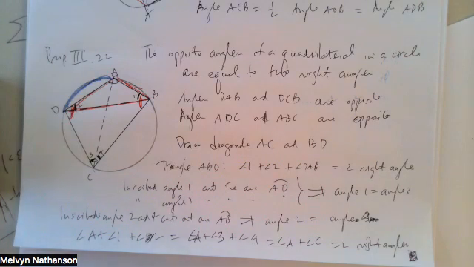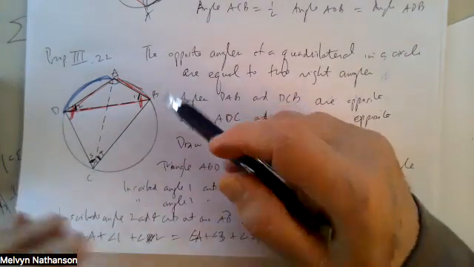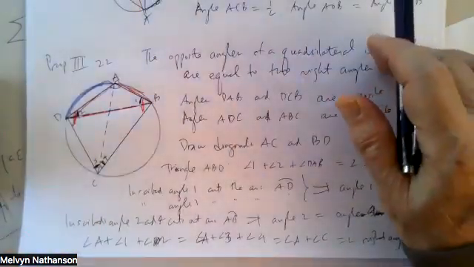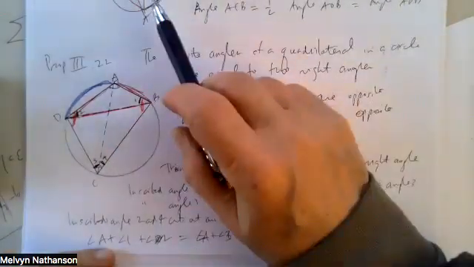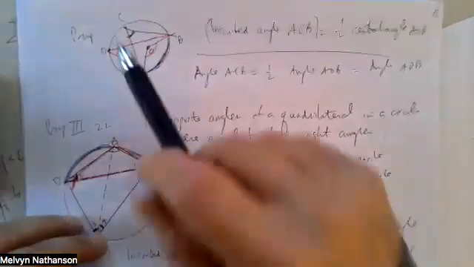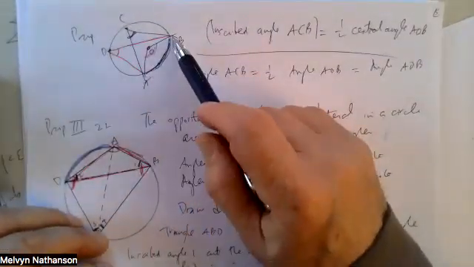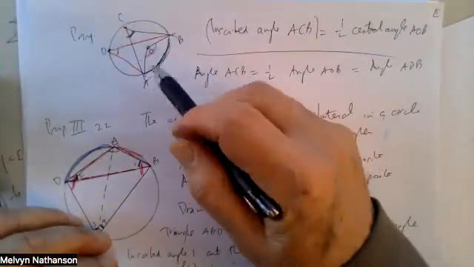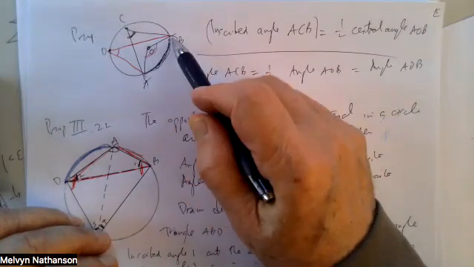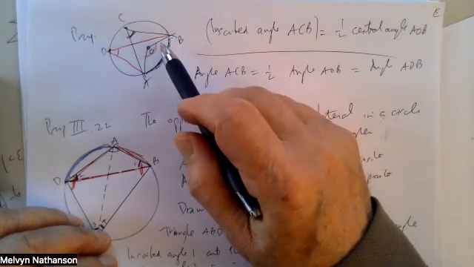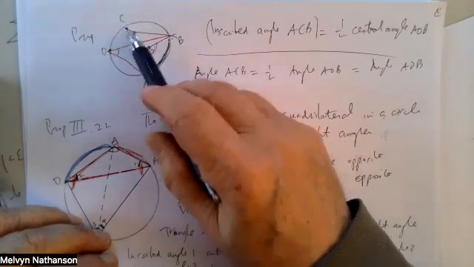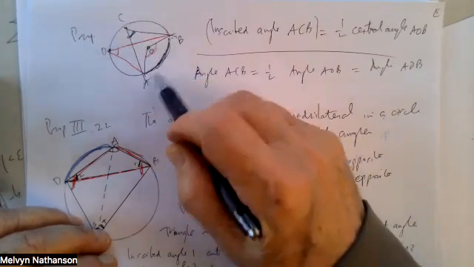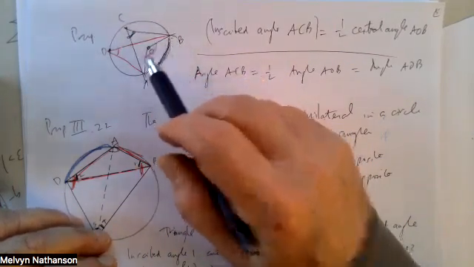So the preliminary facts that we use are the following. If you take any inscribed angle in a triangle, it's half of the corresponding central angle. But this implies that any two inscribed angles that cut out the same arc are equal.